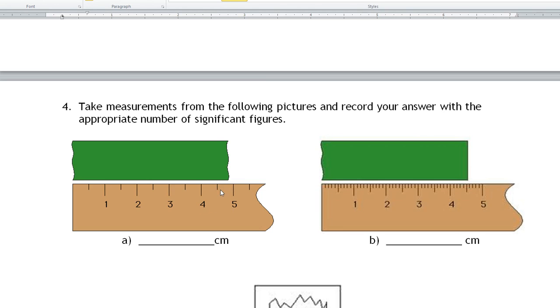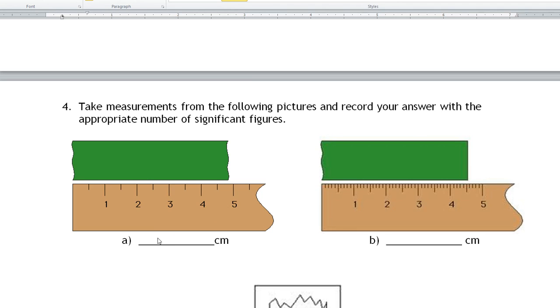And I don't have any lines in between except for a halfway mark. But that only tells me 1 out of the 10 numbers that are technically within here, like 4.1, 4.2. So the only numbers that I know are that it's between 4 and 5.